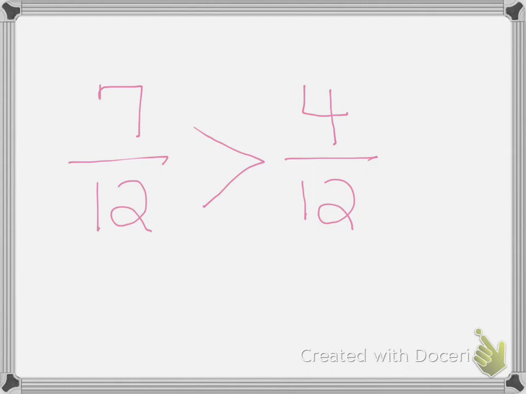Okay? So let's try one on your own. I want you to try 3/4 and 1/4. I need you to pause the video real quick and see if you can figure out which one is going to be bigger.